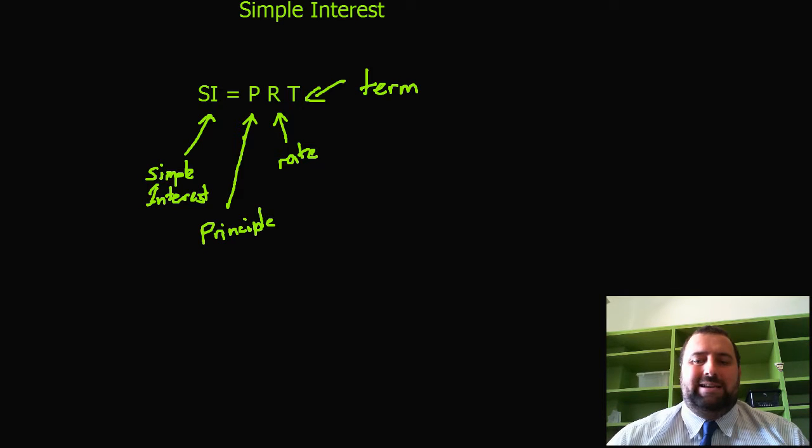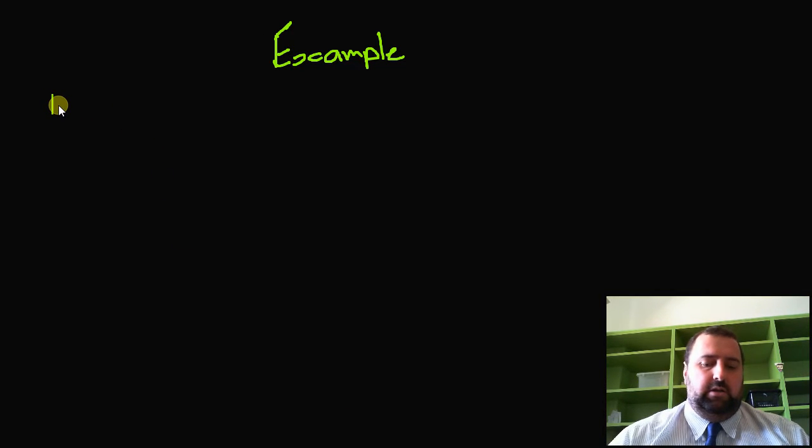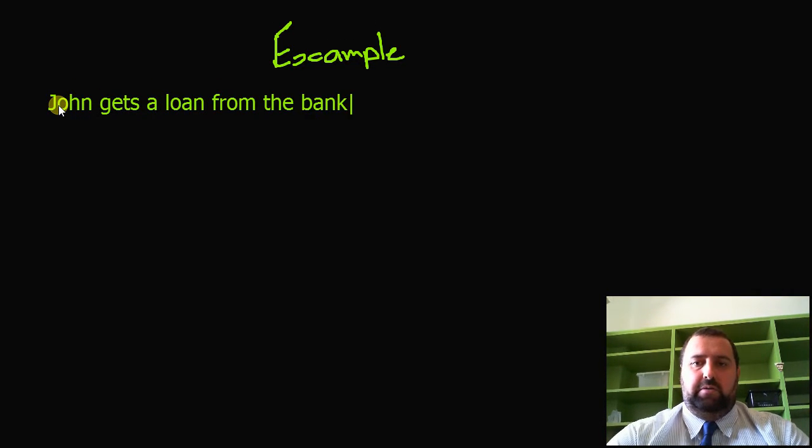Let's have a look at an example of this. I might type our example so that it's a bit easier to read. John gets a loan from the bank with simple interest.